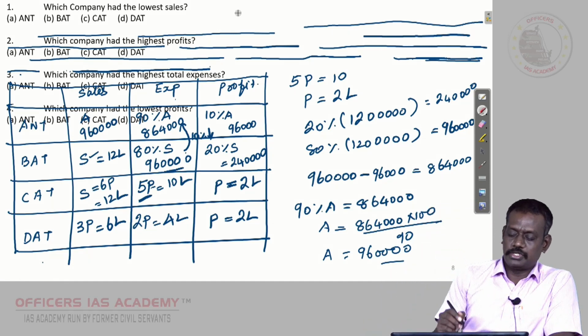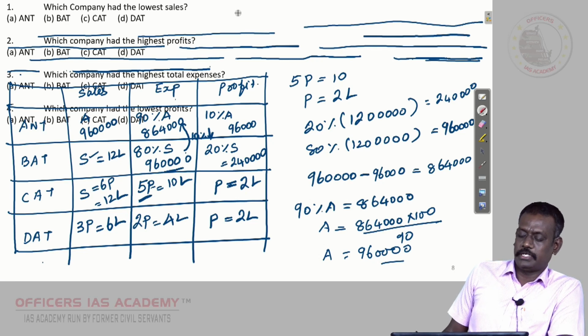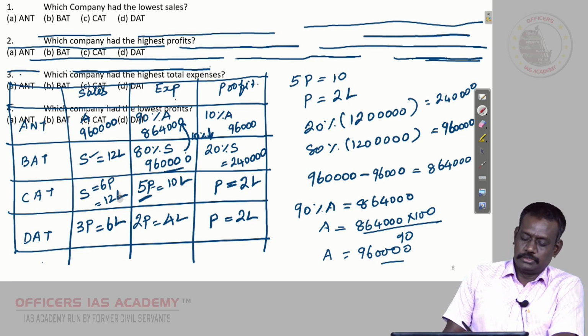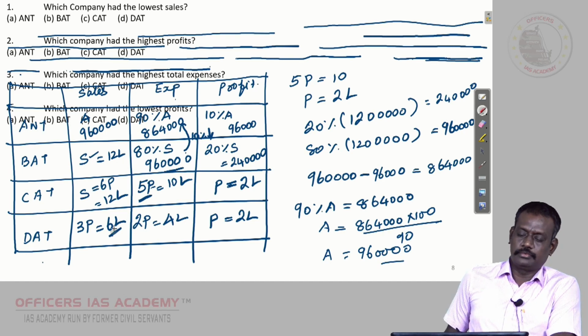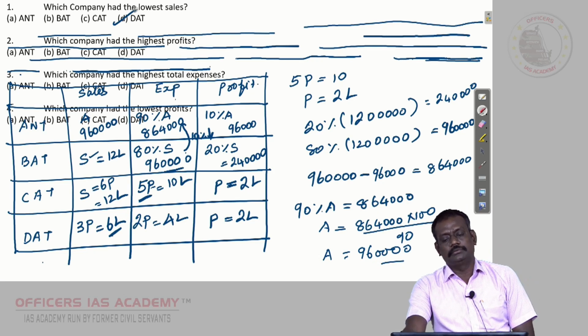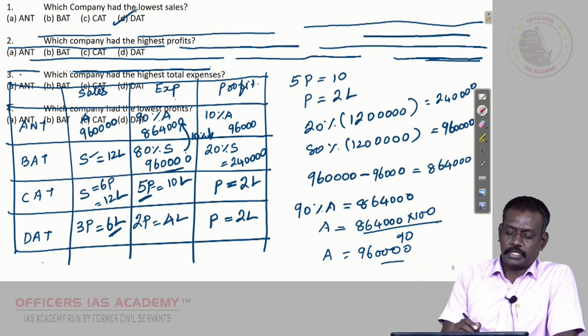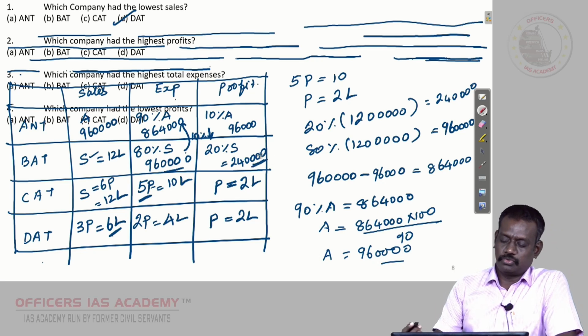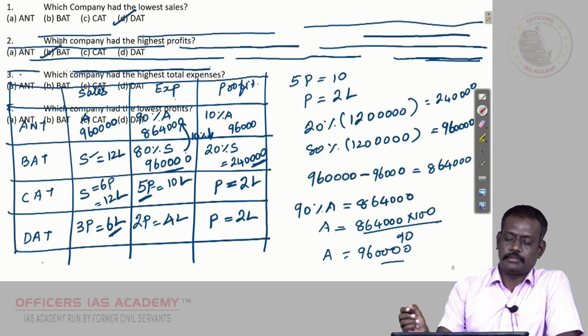Which company had the lowest sales? The lowest sales is here, it is dat. And which company had the highest profit? The highest profit is here, it is 2,40,000, so it is bat.